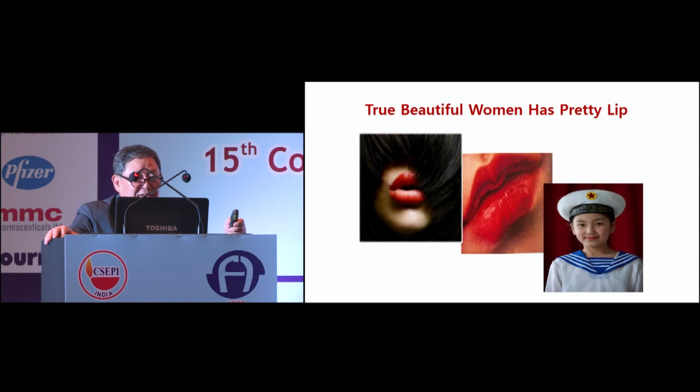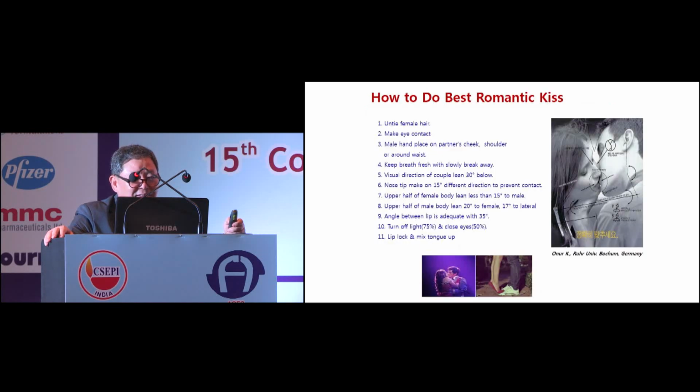Usually we understand a truly beautiful woman has flat lips. True or false, you can decide about that. One of the German doctors working at Ruhr University Bochum proposed how to do the best romantic kiss.